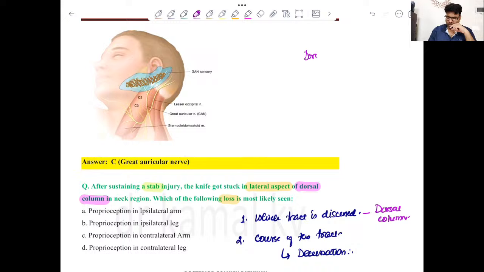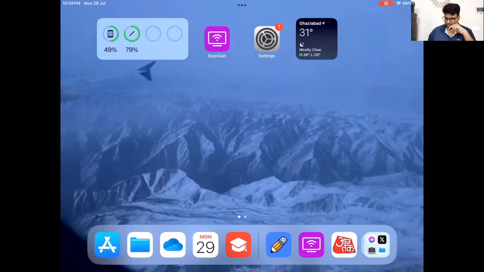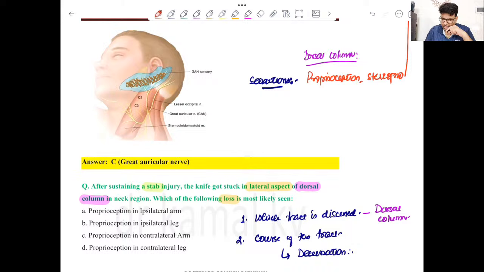If we discuss the dorsal column, what sensations does it carry? It is of course proprioception, stereognosis, two-point discrimination, and vibration sense.